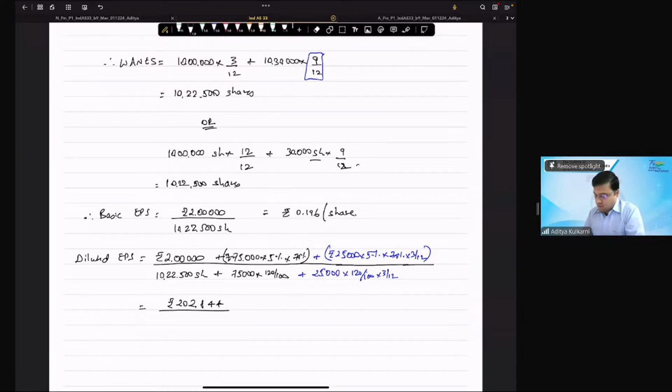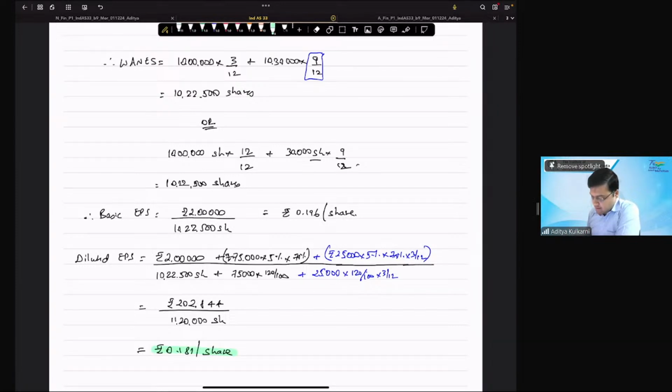So that comes to 2,02,844 divided by 11,20,000 shares. So that is equal to 2,02,844 divided by 11,20,000 shares, which is 0.181 per share. Is it okay?